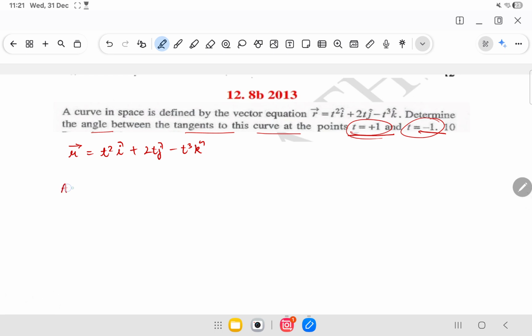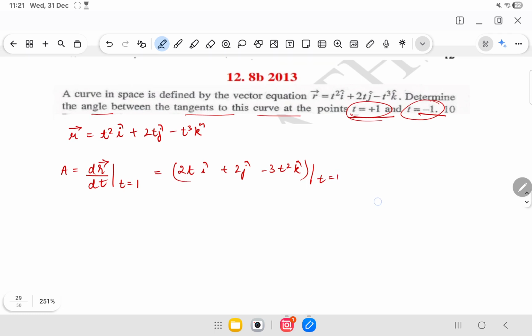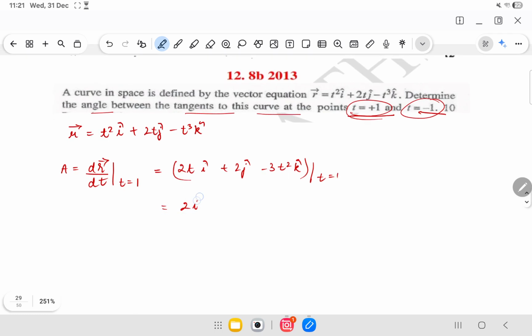So let A be the tangent to this given curve at t equals plus 1. That will be 2t i cap plus 2 j cap minus 3t square k cap, and we need to evaluate it at t equals 1. So this is equal to 2i cap plus 2j cap minus 3k cap.